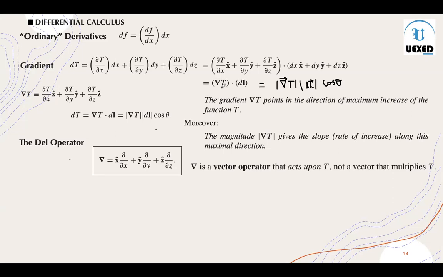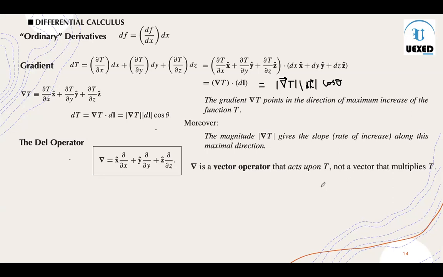So here we need to be very cautious that this is a vector operator. Okay, this is something which operates over some t. It is acting on something, and that's why we call it an operator. It is not simply a multiplication of this with t.